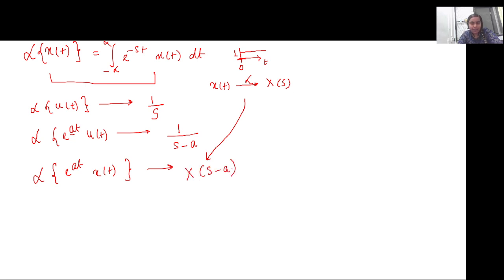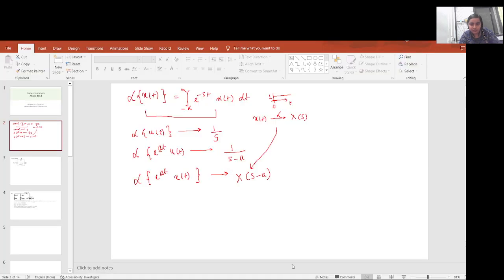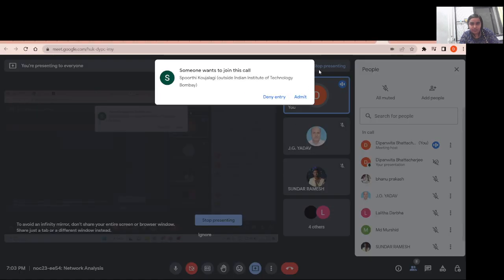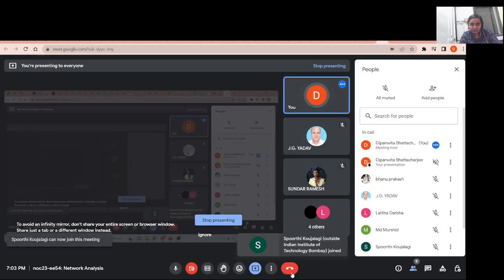This will come in very handy. Sir has shown how to derive it using partial fractions by integrating the integral.